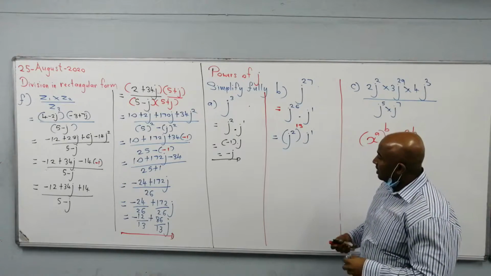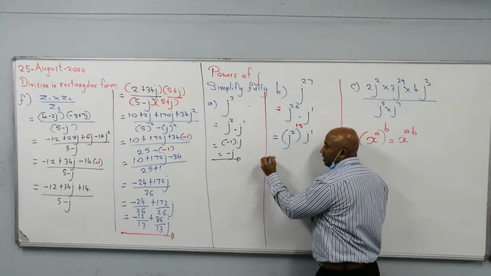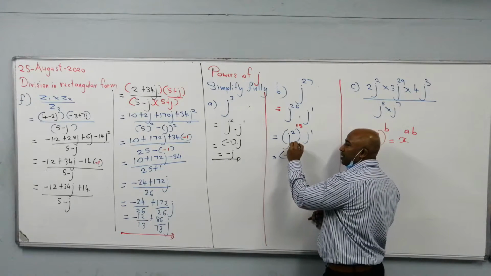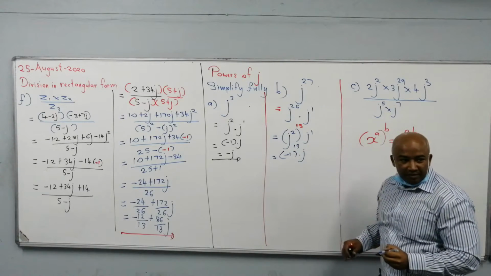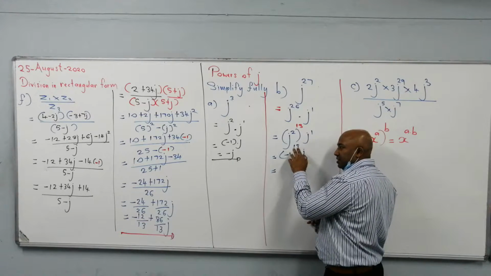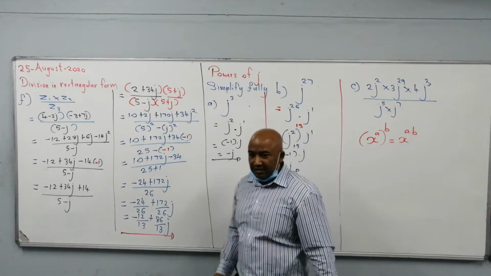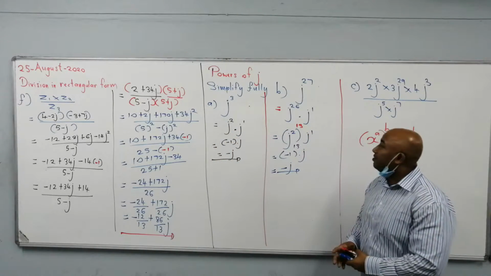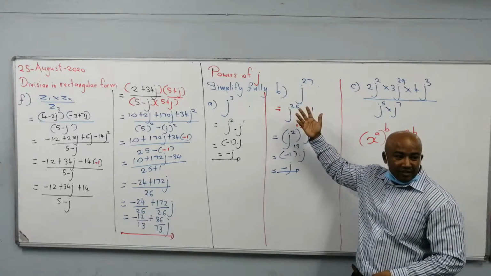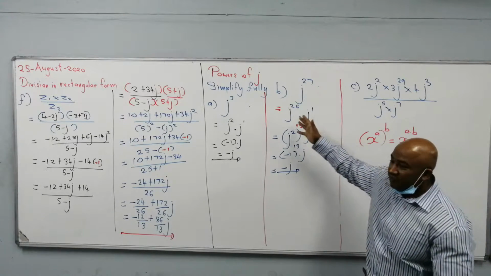Now, it's faster to do it this way. So now all you want is your j squared. What is j squared? j squared is minus 1, and then minus 1 to the power 13 times j. Can you see that? So what is minus 1 to the power 13? It's going to be minus 1 times j. And you're done. Okay, if you wanted to, you could have written it down as j squared times j squared times j squared times j squared, and obviously it's going to work, but you know your exponent laws, so try for the quickest method.